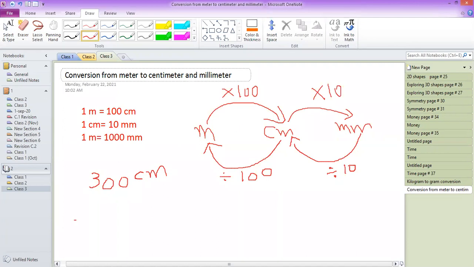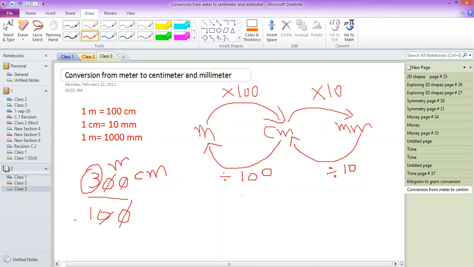You know the value is given in centimeter and I'm asking for the value in meter. So from centimeter to meter, you will divide it by 100. This 0 cancels with this 0, and it will be only 3. So you will say, sir, it is 3 meter.